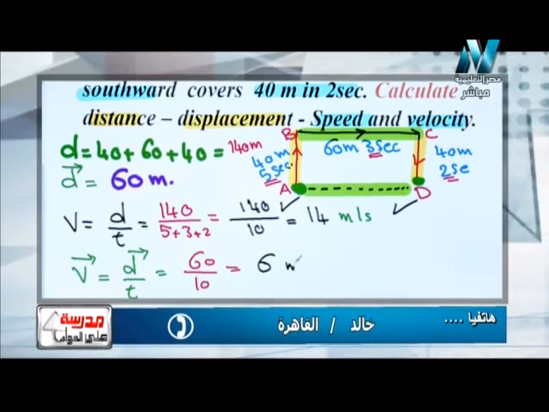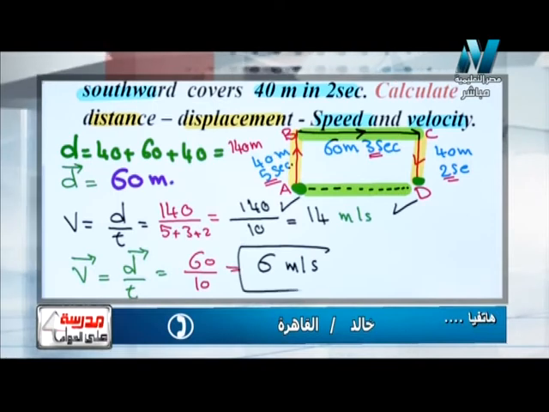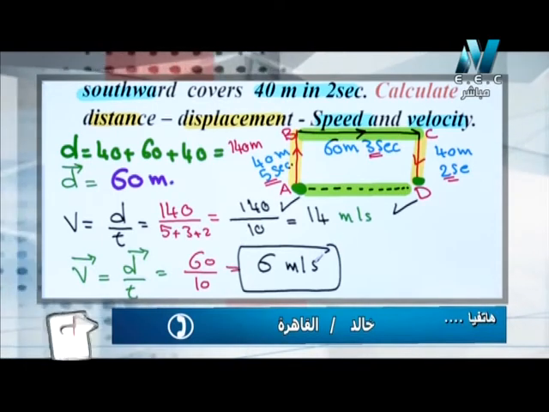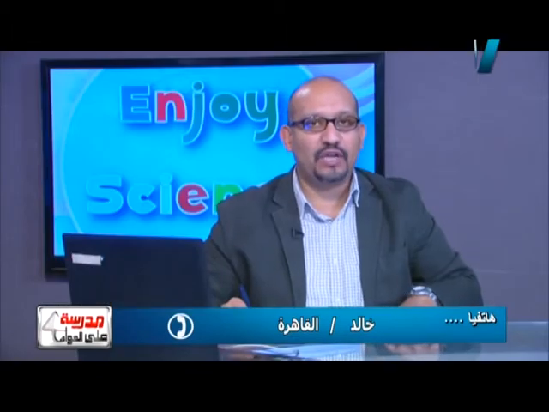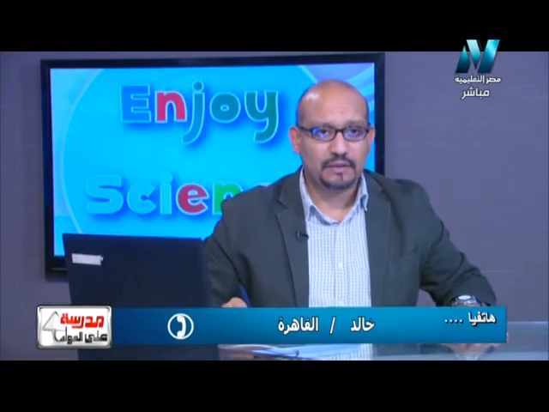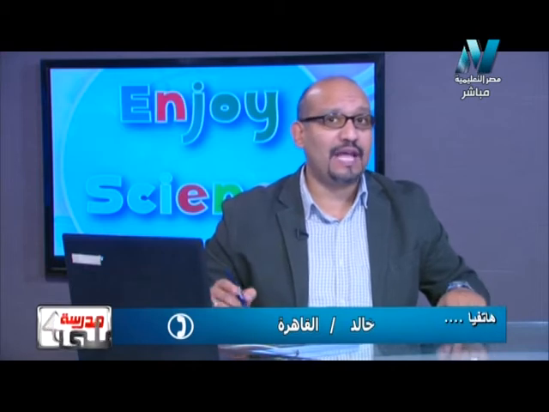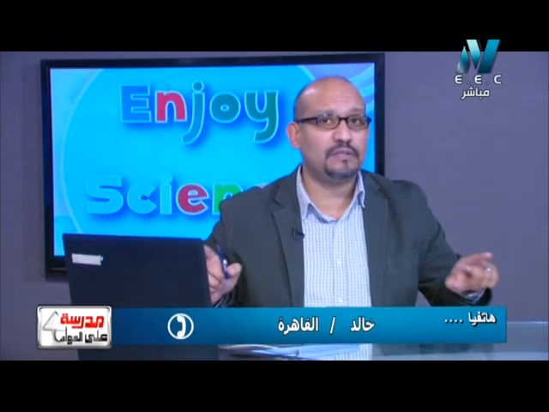Meter per second because we talk about velocity. Velocity has the measuring unit meter per second. Speed and velocity have the same measuring unit.